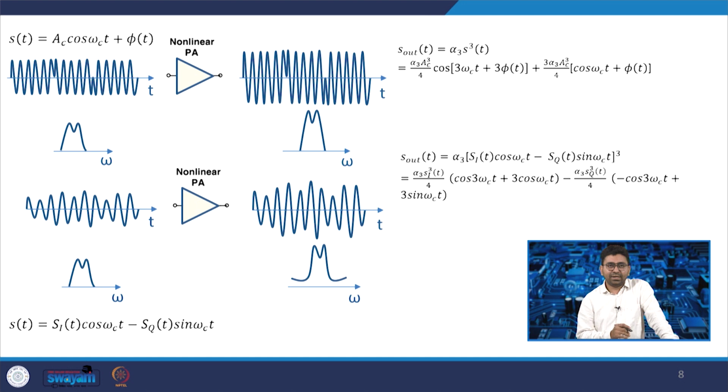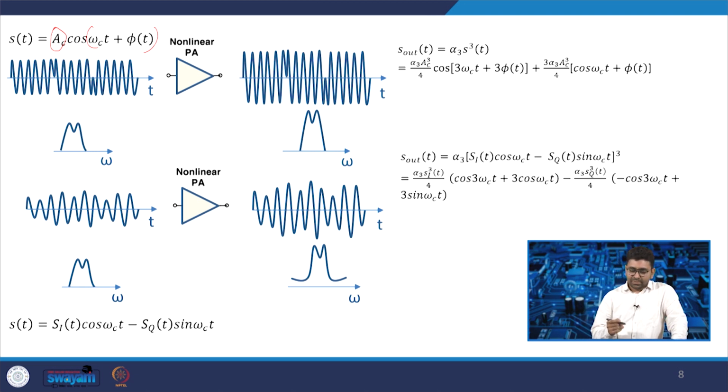So there is one signal s(t) which has a variation happening. Here the amplitude is constant, and there is a frequency domain representation, and it goes through the nonlinear power amplifier. If we try to analyze the third order nonlinearity by squaring that signal, we will see about third order nonlinearity in the upcoming lectures.